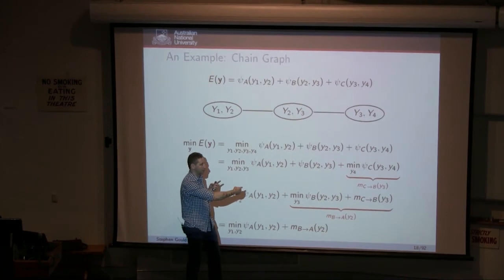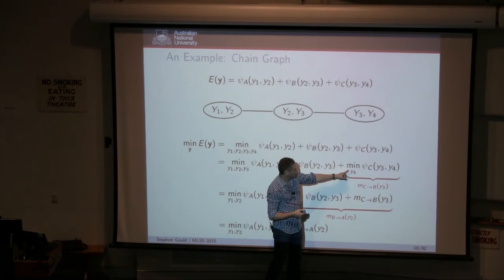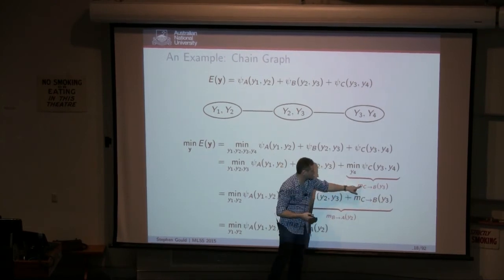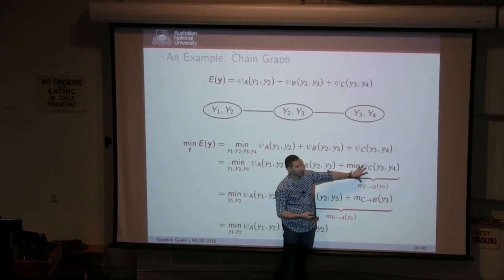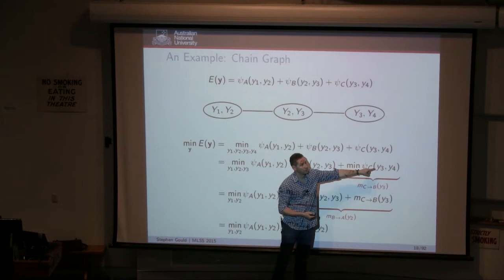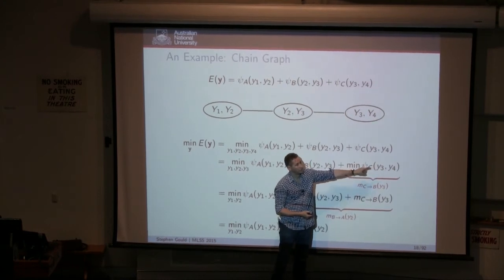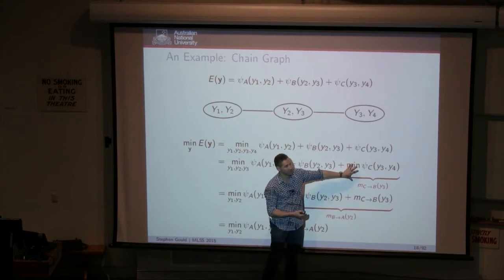And that allows us to produce this message. Yes, but it's having all the rest fixed, right? All the other variables. Well, the other variables don't come into play here. The only variables that we need to consider here are y3 and y4. If the other variables change, it doesn't affect this minimization.